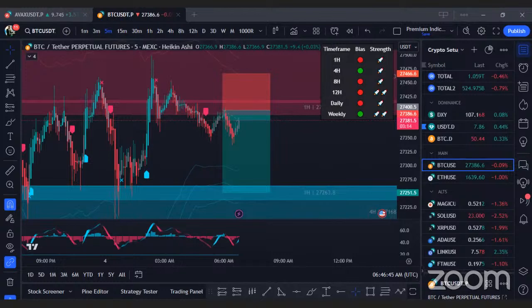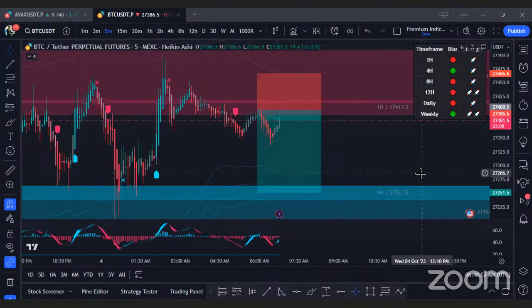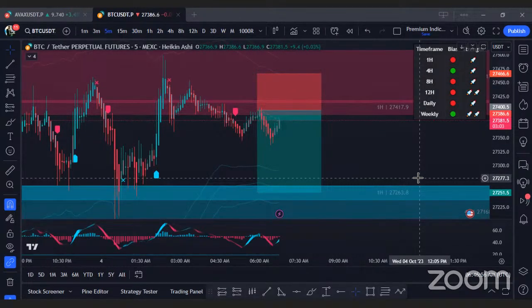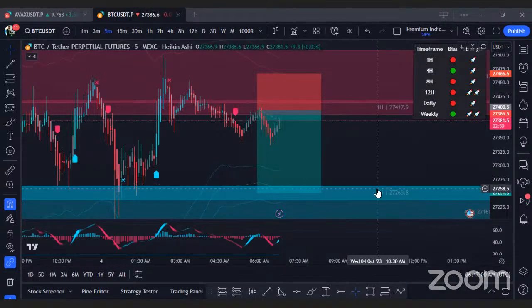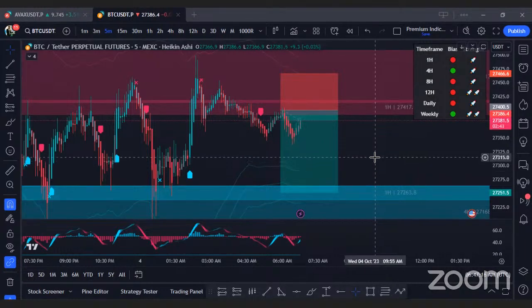Okay, for the longing, I think after doing the analysis, we need to know the entry point, which is the amount at which you want to long, the take profit point, which should be higher than the entry price, then the SL, depending on how you actually want to do it.